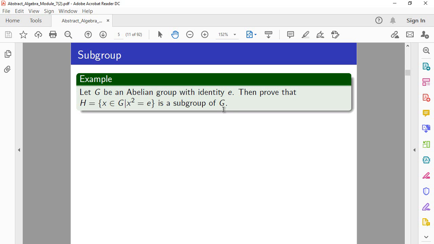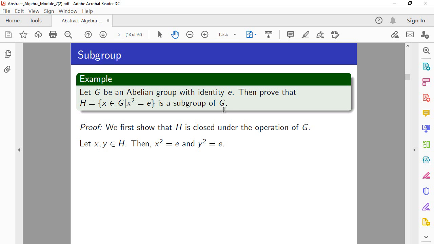So to show that H is a subgroup, I have to show that H is closed under the operation of G. To show that, let's take x, y in H. By definition of H, we see that x squared has to be the identity, and y squared is also equal to the identity. This is because y belongs to H, and by definition of H, any element of H squared is the identity.